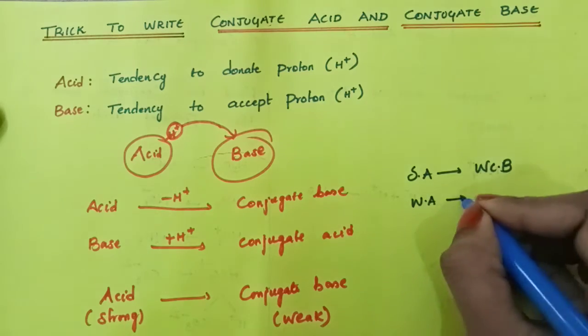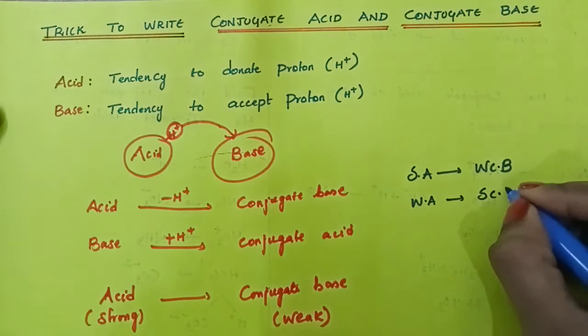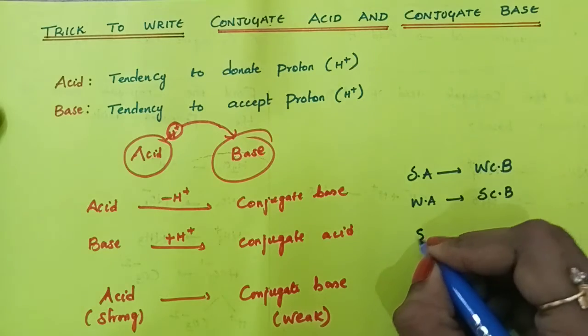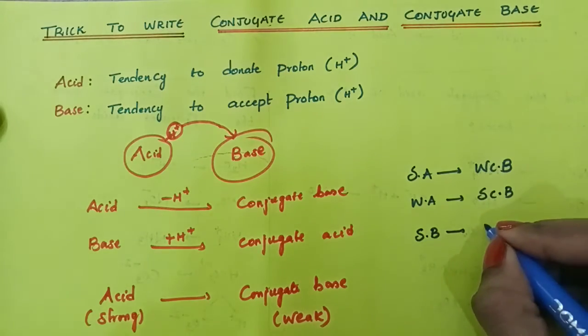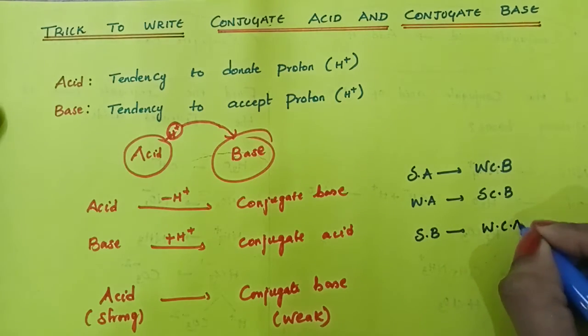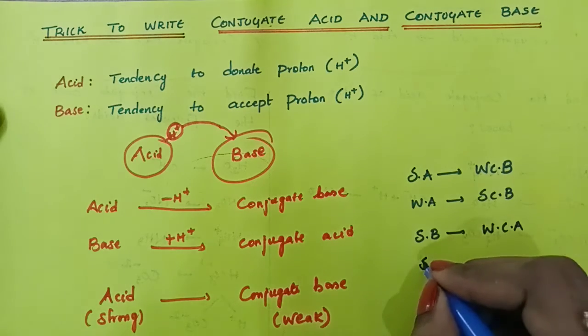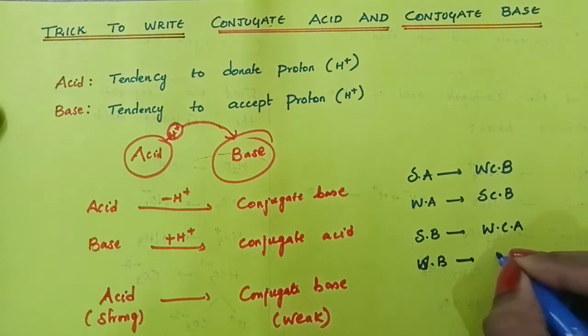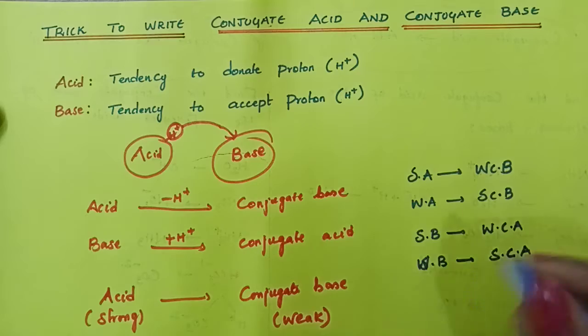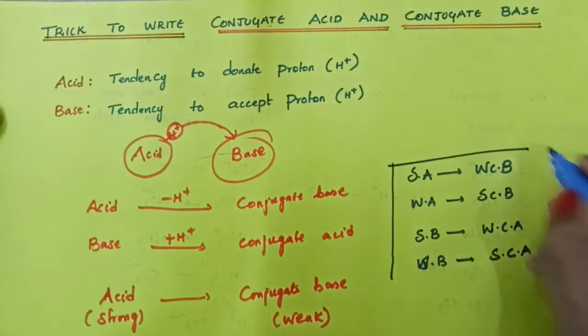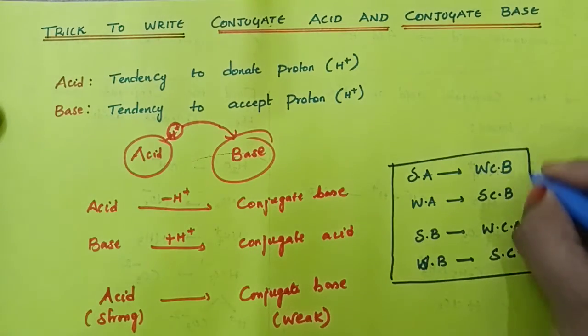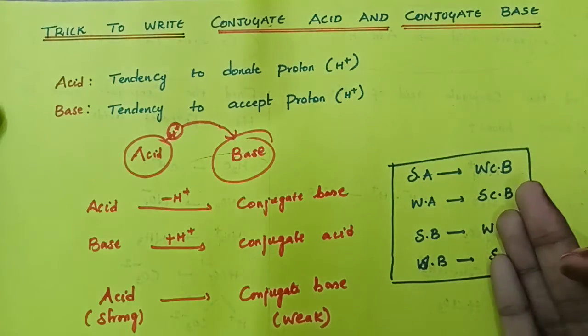A weak acid forms a strong conjugate base. A strong base forms a weak conjugate acid and a weak base forms a strong conjugate acid. So strong forms weak.